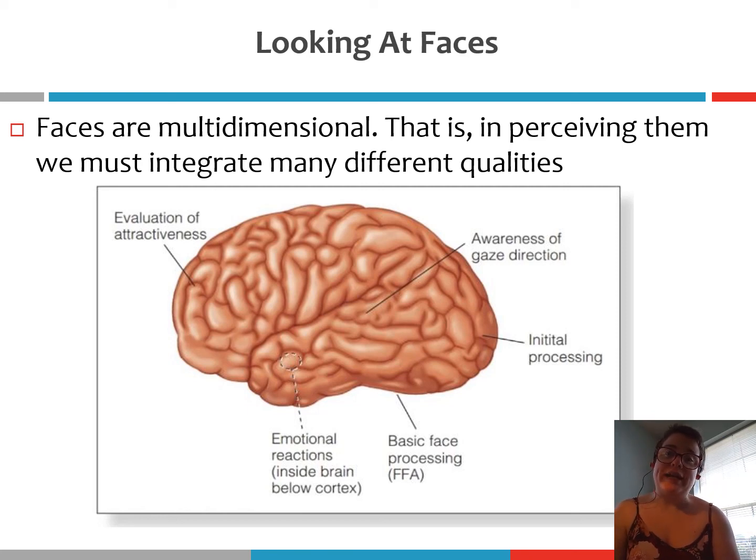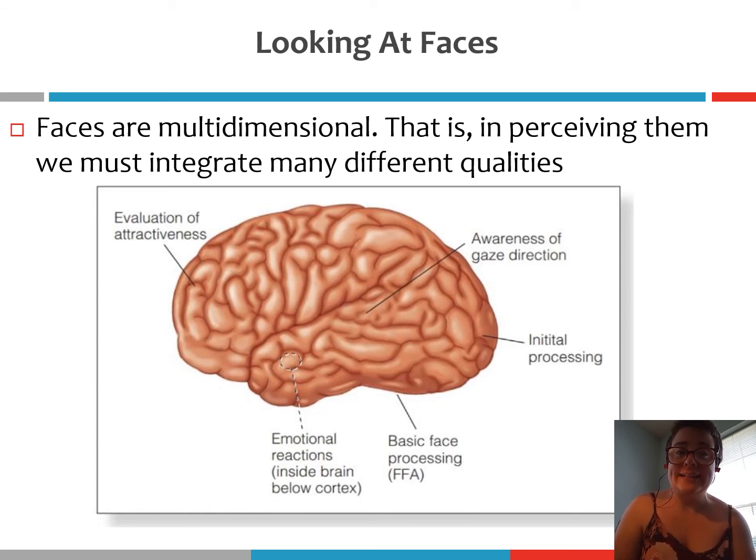So registering something as a face is important, but it's not all you're doing whenever you see a face in front of you, right? So faces are multidimensional in that they have a number of different qualities, and you have to appraise those qualities and integrate them simultaneously, right?